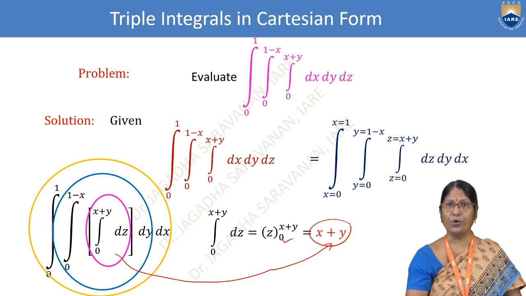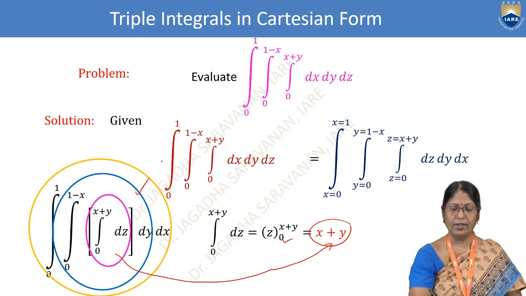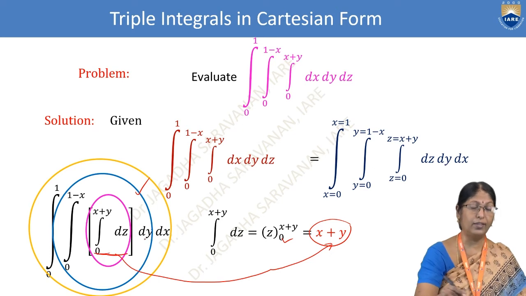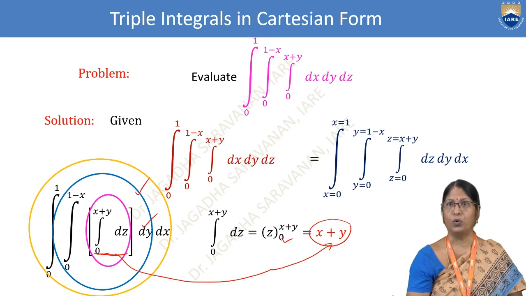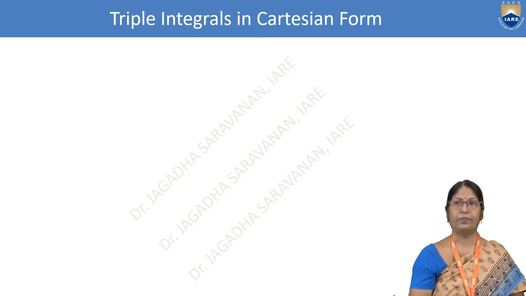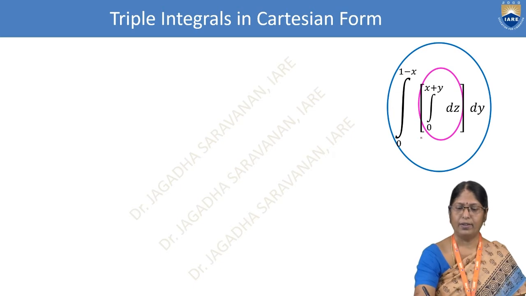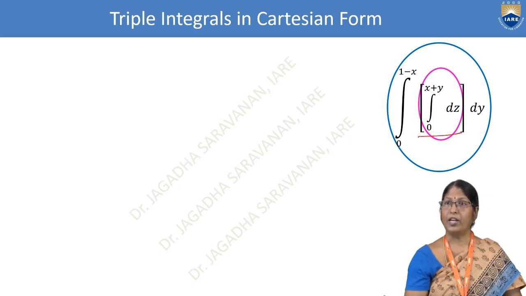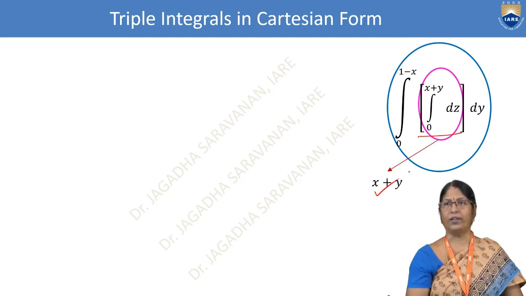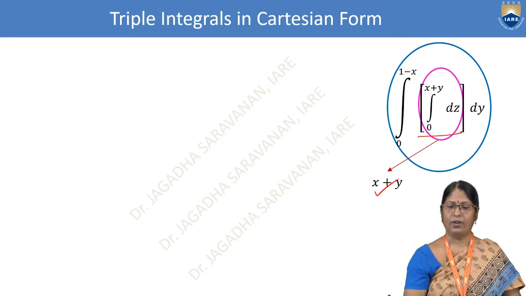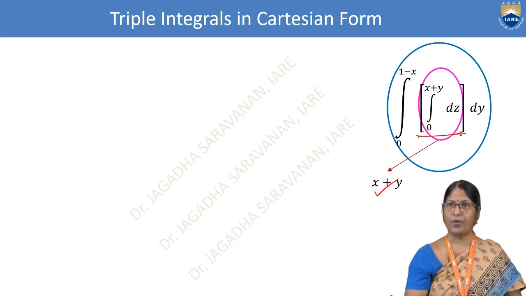Now we will move to the middle integration, substituting the result in this place, and we will do the integration with respect to y. This is the innermost integration we integrated, and just now we got x plus y. Now we are going to substitute this result in this particular place.